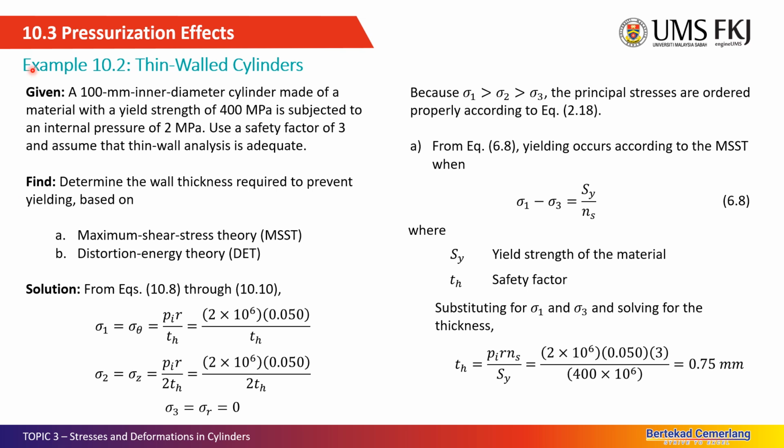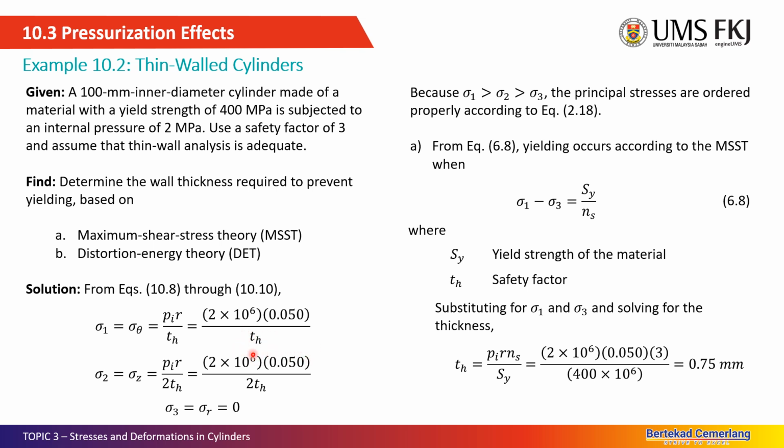So the solution is based on equations 10.8 to 10.10. We have stress 1 and stress 2, and we substitute the values into the formula. This is the internal pressure, this is the inner radius, divided by the thickness. So we obtain the value.